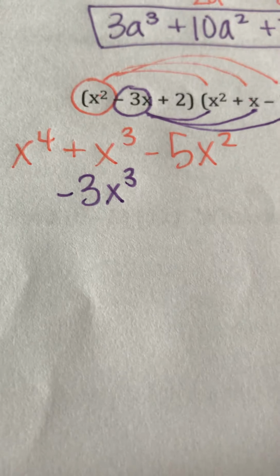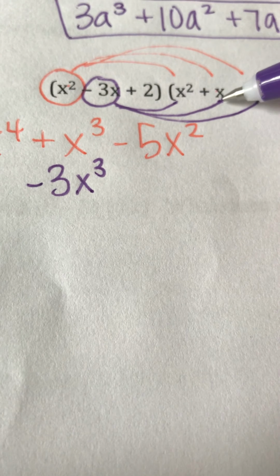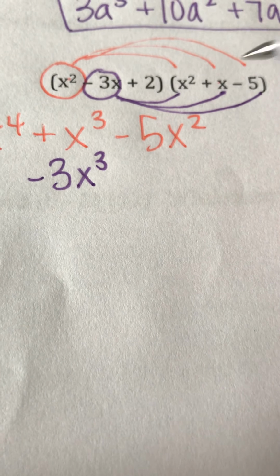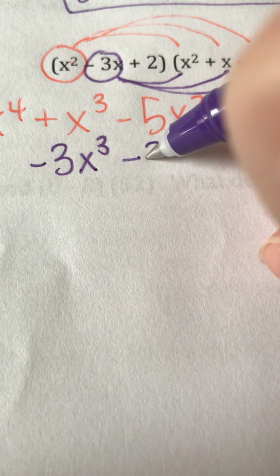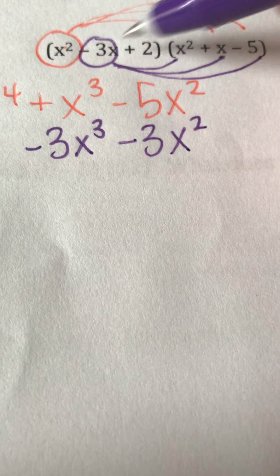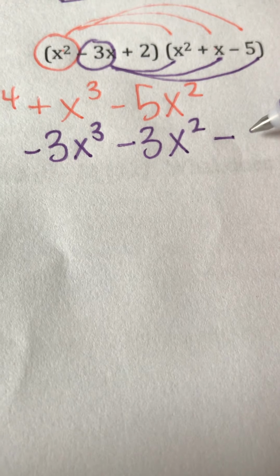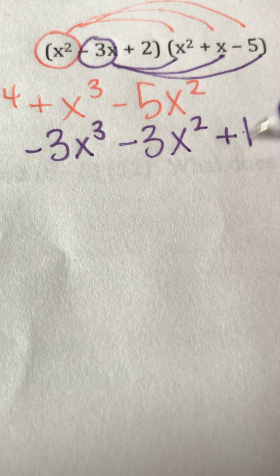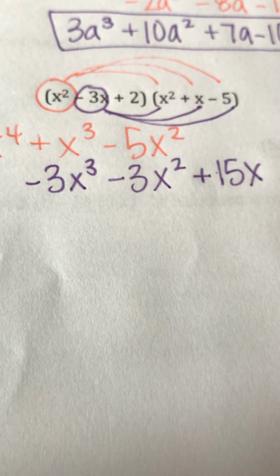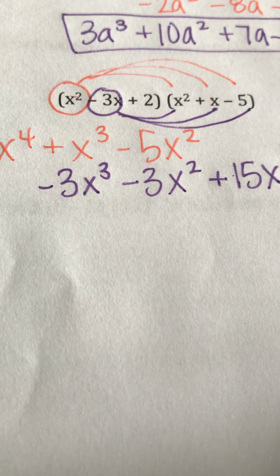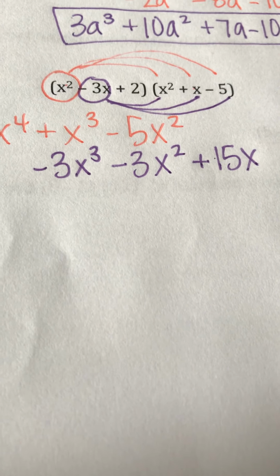Okay, so now they're together. I multiply times the second one, negative 3x times x. It's going to give me negative 3x squared. Then negative 3x times negative 5 gives me a positive 15x. Okay. Ooh, we're almost done.